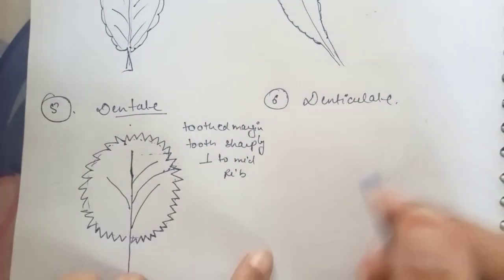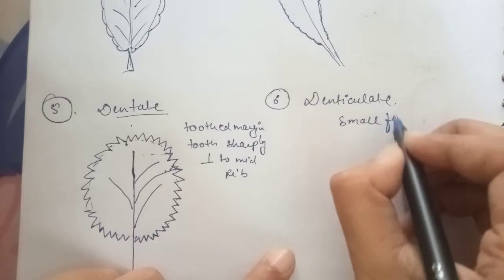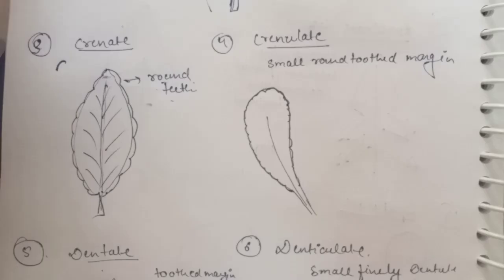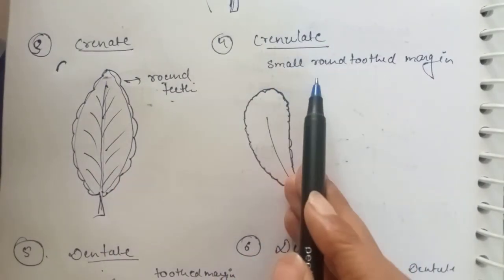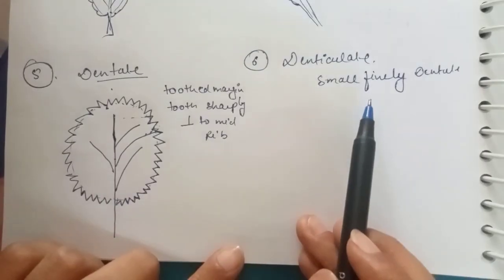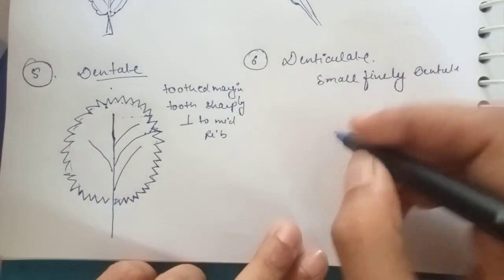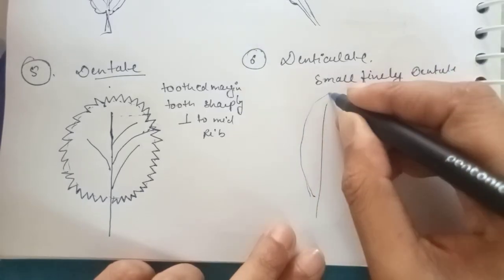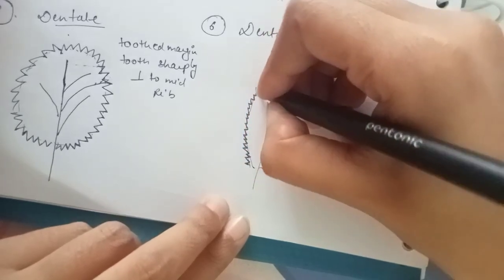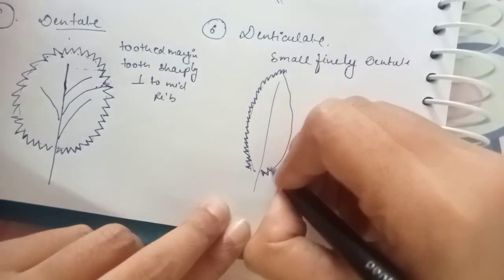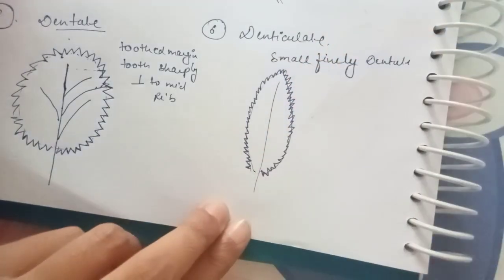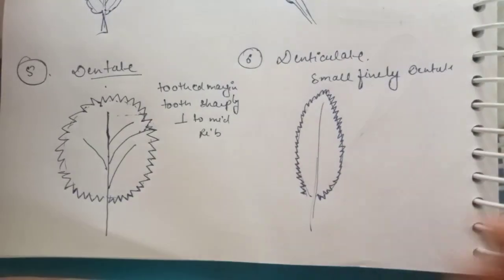Denticulate is the same, small finely dentated margin. The same we did with crenate and crenulate: small finely round toothed margin was called crenulate, the finer form of crenate, hence denticulate is the finer form of dentate only. For example, the leaf is this and you have more fine teeth, meaning the number of dentations per unit length of the margin is more. So this is known as denticulate shape.